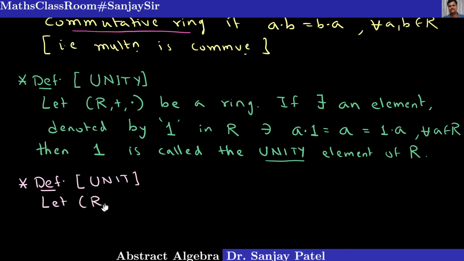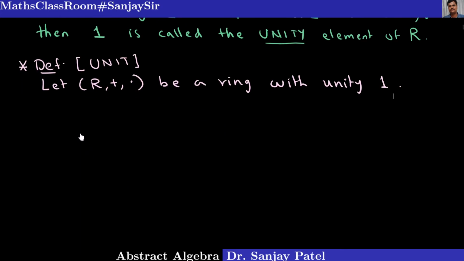Let R plus dot be a ring with unity. Now this is important here, with unity element 1. So R is a ring, need not be commutative, but it has the unity element. Note this. And let a belongs to R be given. Okay, a is any element of the ring R.